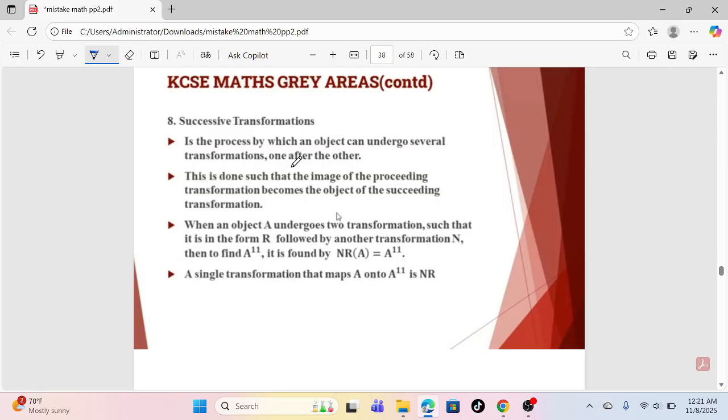So a single transformation that maps A into A prime is N. When an object A undergoes two transformations, ya kwanza ni ya R, ya pili ni N. So even atakuta.